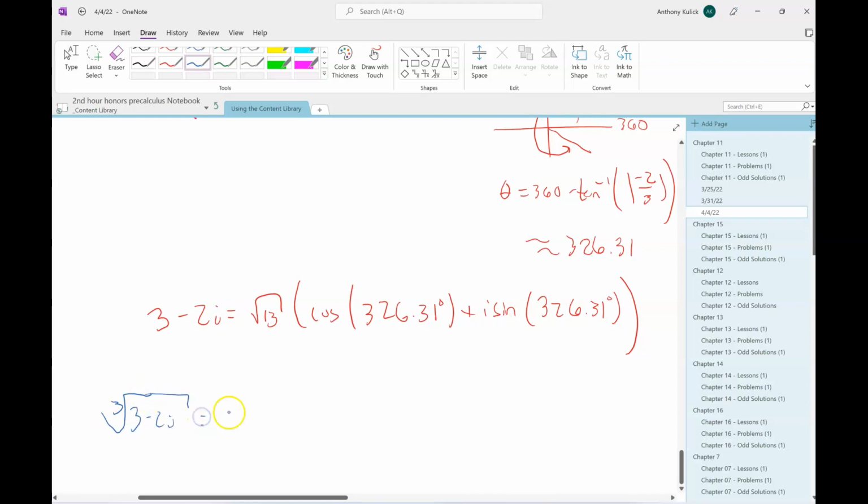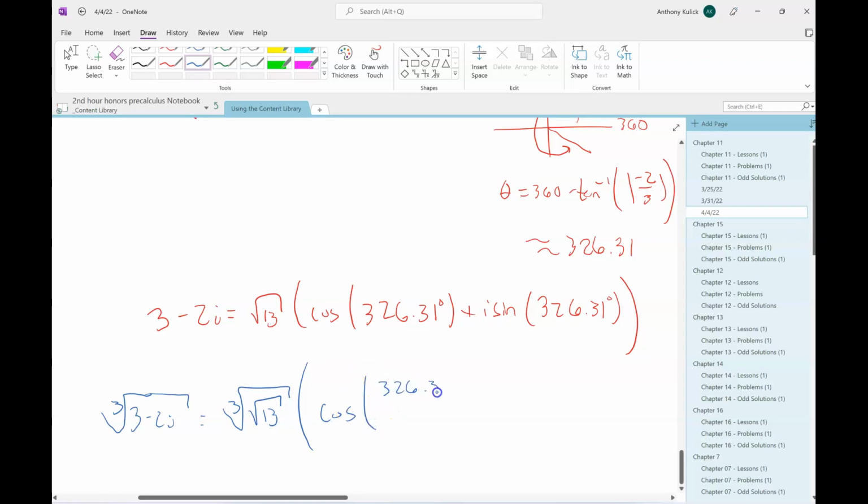Well, we do the cube root of the square root of 13. Yucky! It's okay, guys.